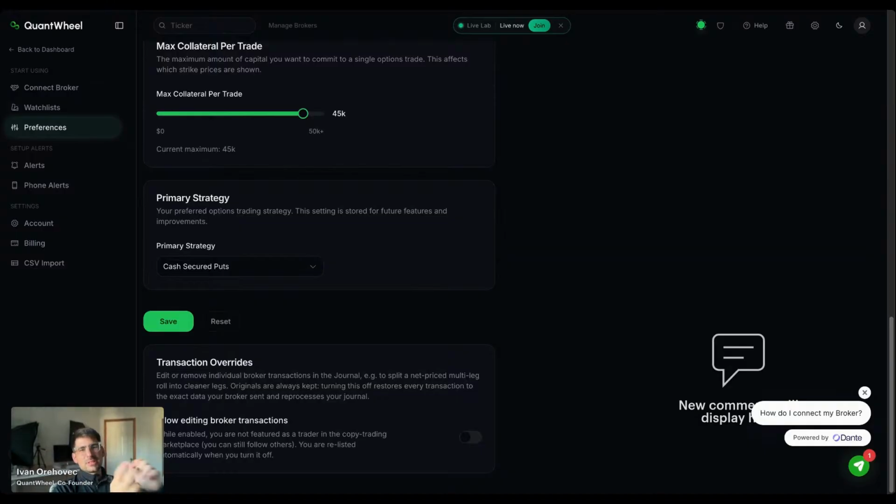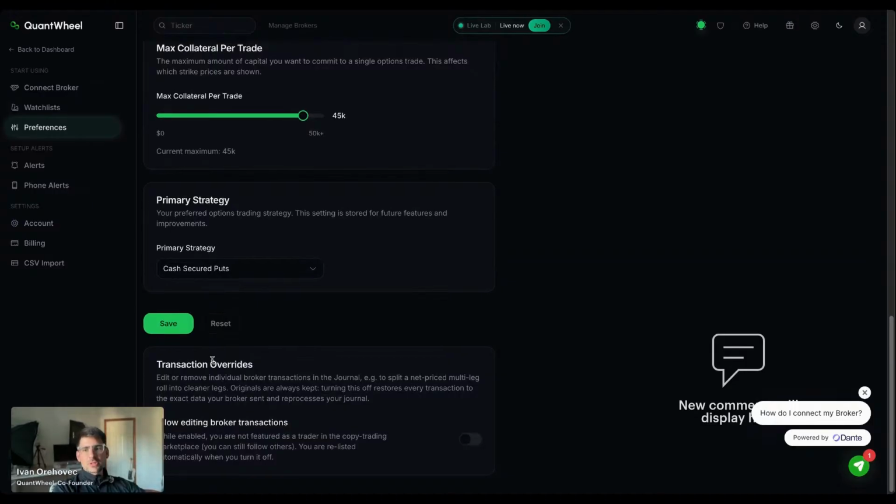And if you would like to fill up some of the details by yourself, or you see some very old data that you just want to erase, you can now modify the broker transactions by enabling it here in your preferences. The reason why we didn't enable this before is copy trading. We want everyone who gets featured as a copy trader to make sure their data is transparent and not modified.